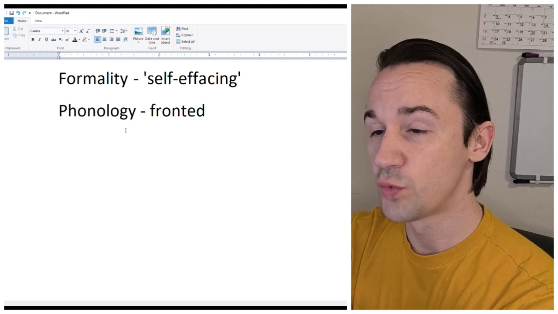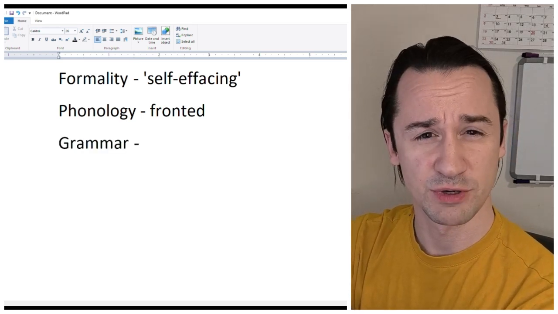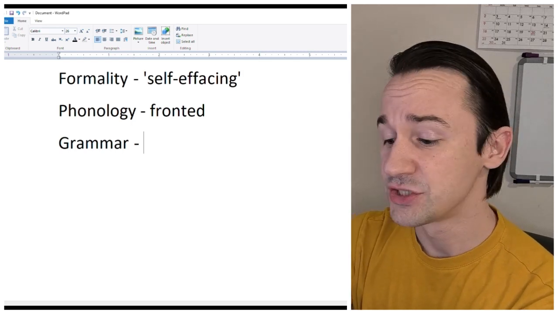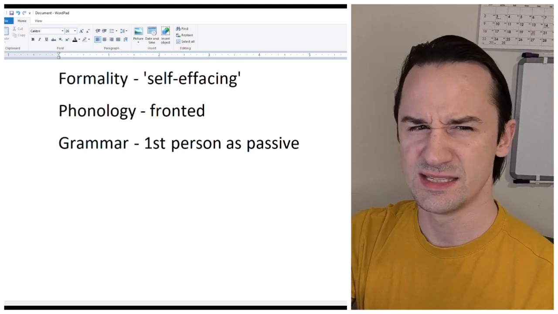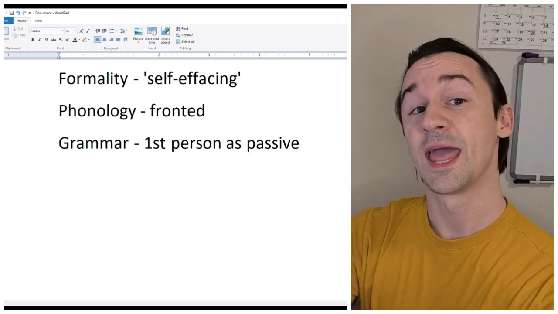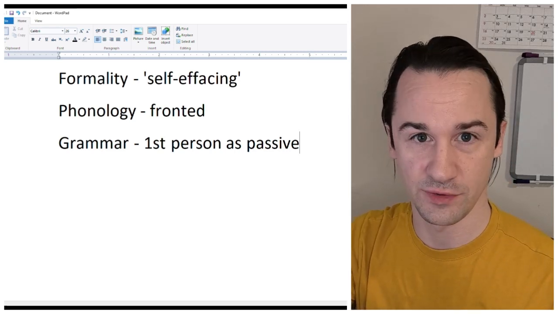And then when we come to the grammar, I'm pretty sure I'm going to make everything from the first person singular. I don't know about plural. So anything that's I is actually going to be passive so that nothing is I did it, I did it. It's this was done, and if I have to say it, it was done by me. I'm not going to take credit for anything.